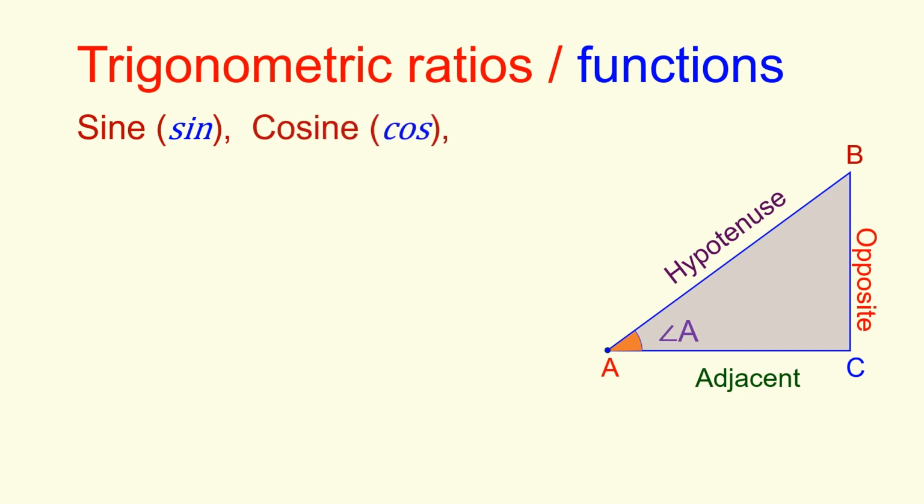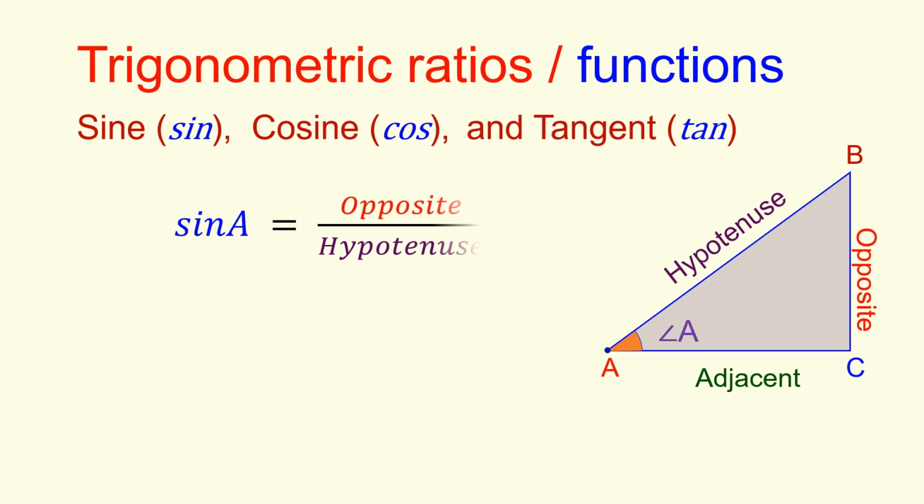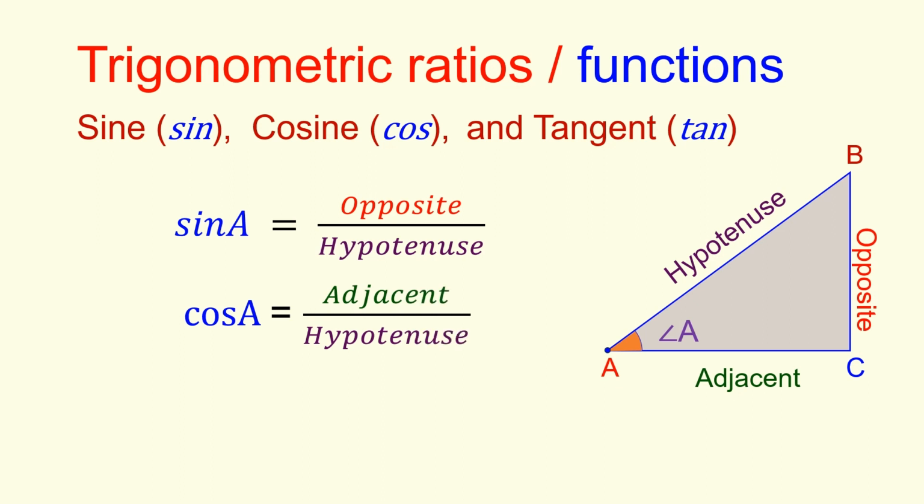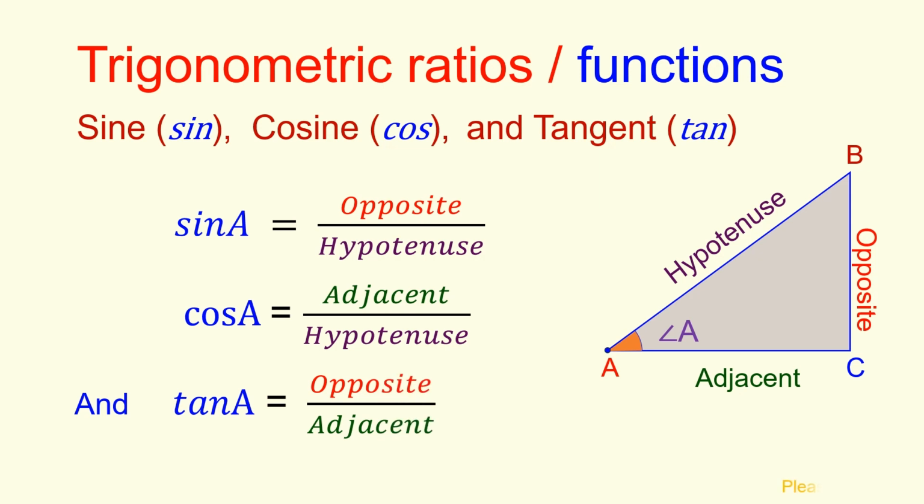In short, we write them as sin, cos and tan. Sine A equals opposite divided by hypotenuse. Cosine A equals adjacent divided by hypotenuse. And tangent A equals opposite divided by adjacent.